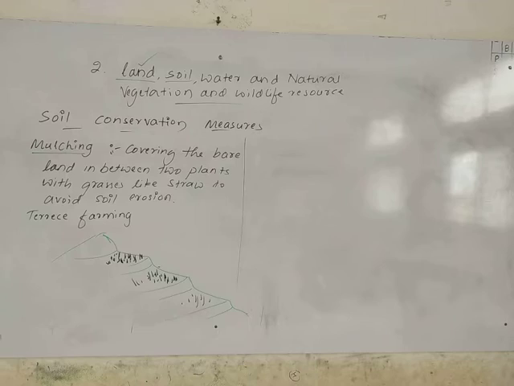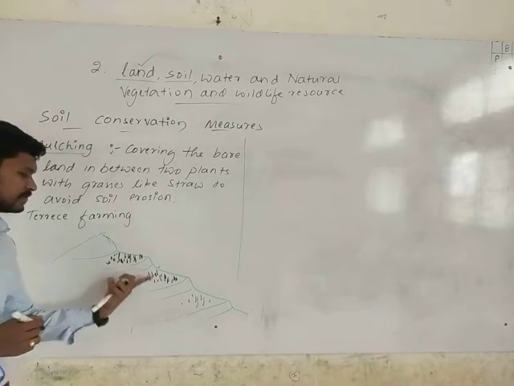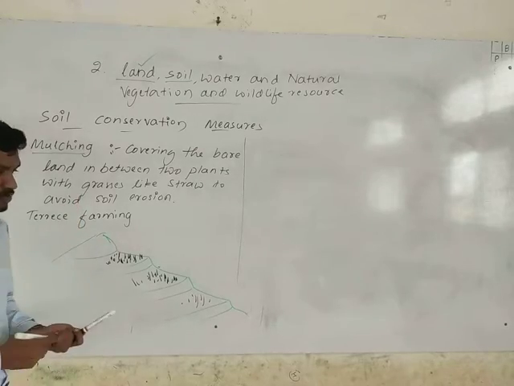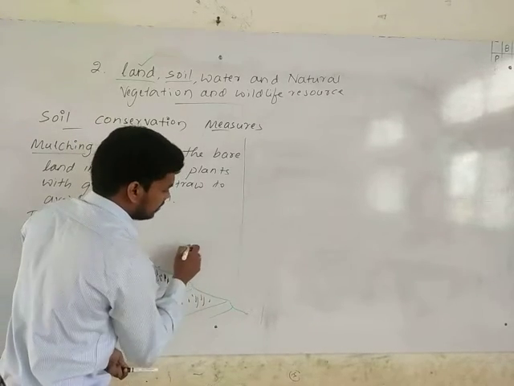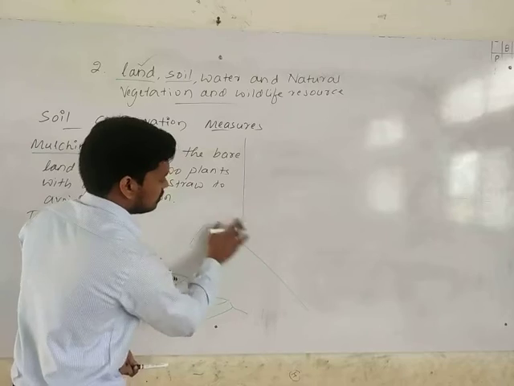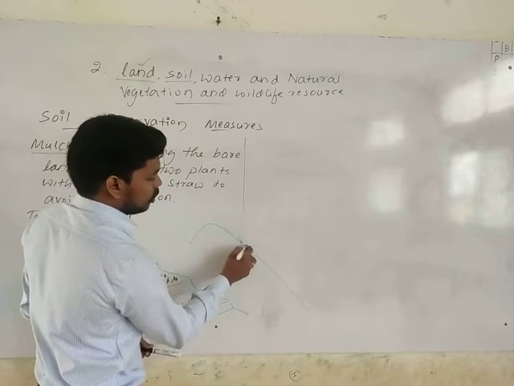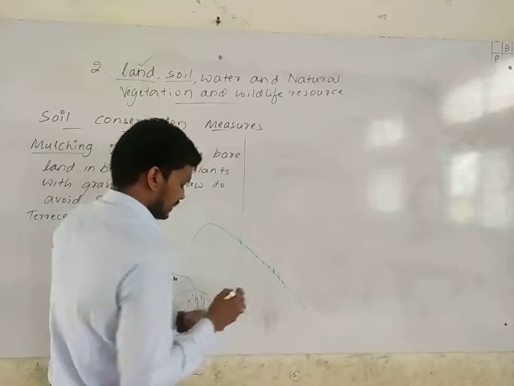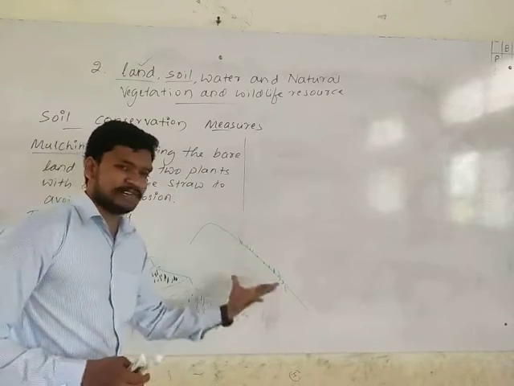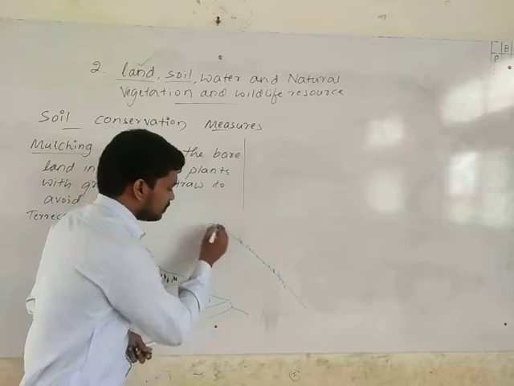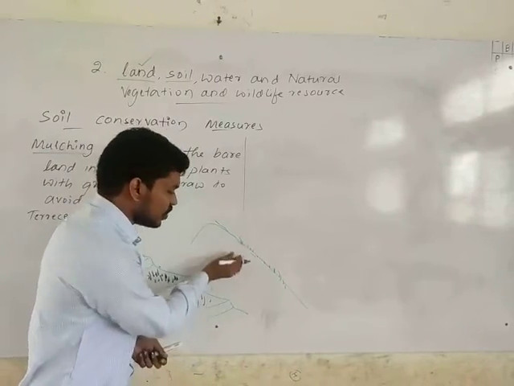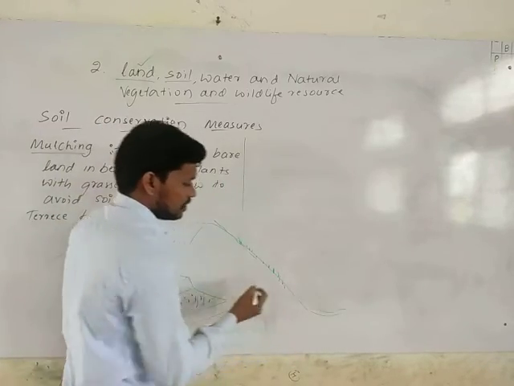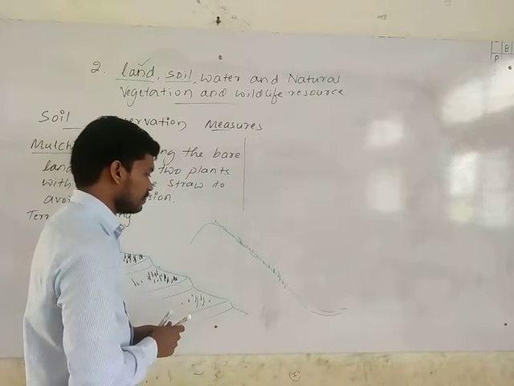By having this type of terrace farming in the sloping areas, it will avoid soil erosion. Suppose it was a plain area like this and we are growing the crop over here. What happens when the rain comes? When rainfall prevails in this area, along with the runoff water, the soil will also erode and be deposited in the foothills of the hill or mountain.